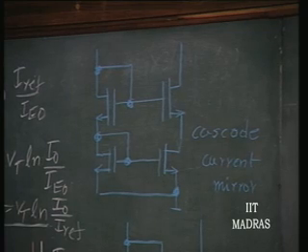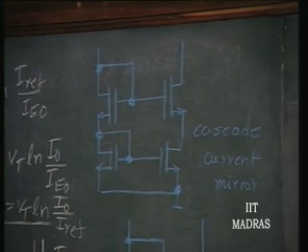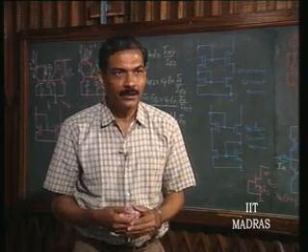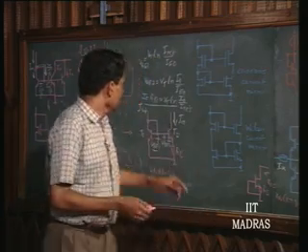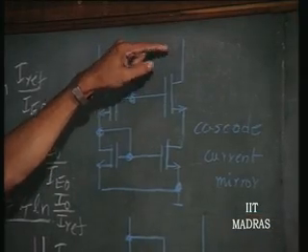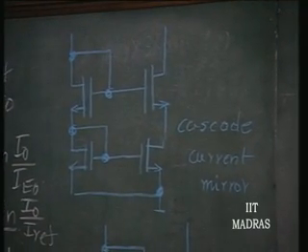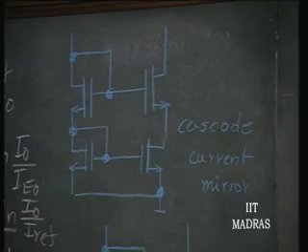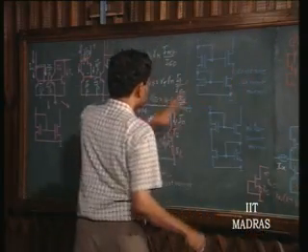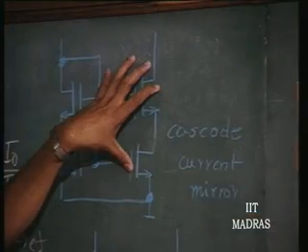We discussed this yesterday using bipolar transistors. We had seen that in such a situation output impedance is going to increase, go towards 1 over HOB. Similarly in this case output impedance is again going to increase. Originally it is RDS, it is going to increase by 1 plus gm into RDS.